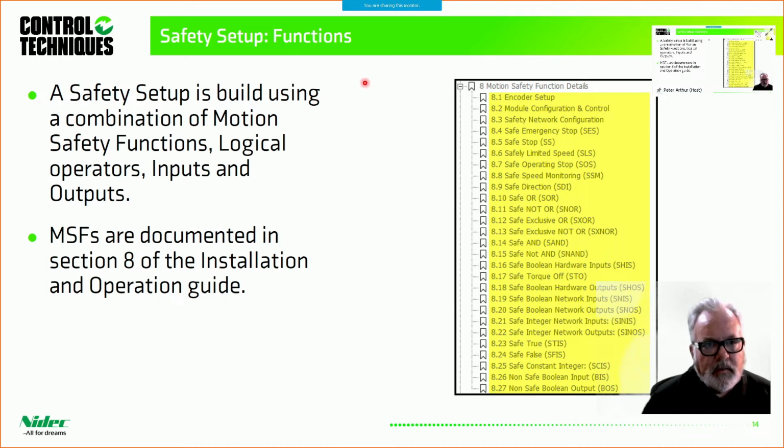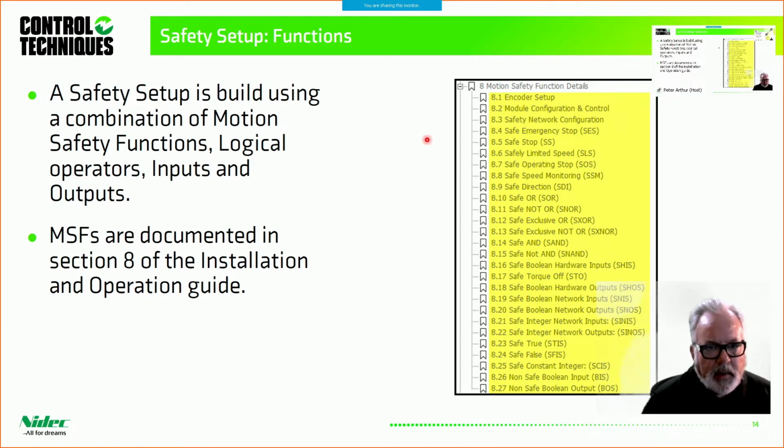Now the functions. A safety setup is built using a combination of machine safety functions, MSFs. So once again, just like we looked at the acronyms for the inputs, outputs, and network stuff, here are the safety function acronyms that we're going to be exploring and using to build our safety application.